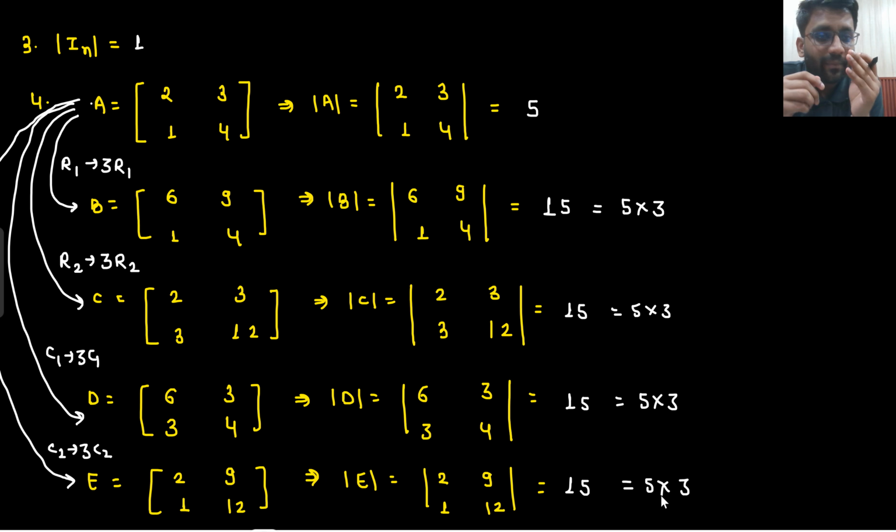So when your determinant is being multiplied with a constant factor, when your determinant was multiplied with 3, here the determinant was 5, and it became 5 into 3. What does that mean?